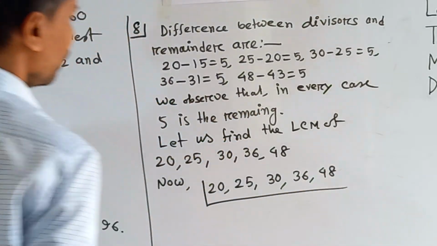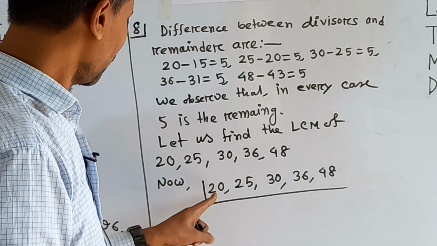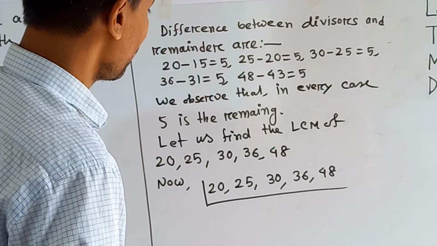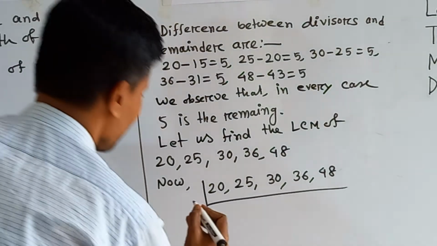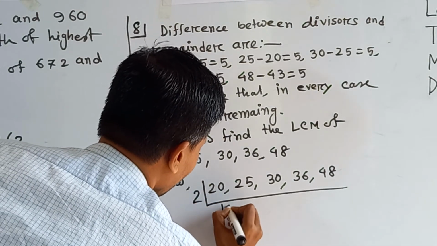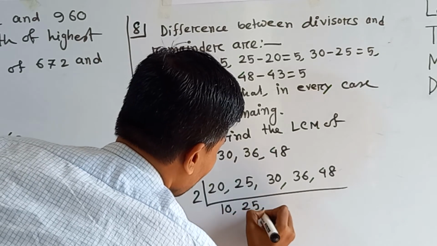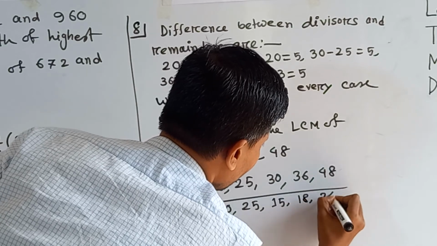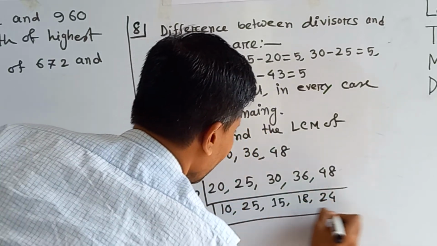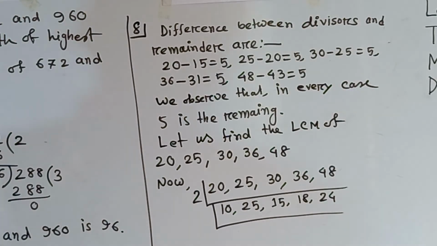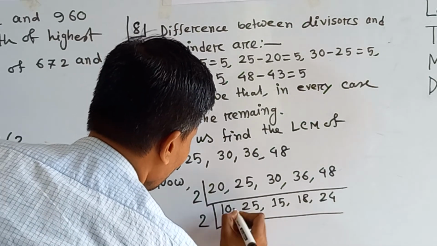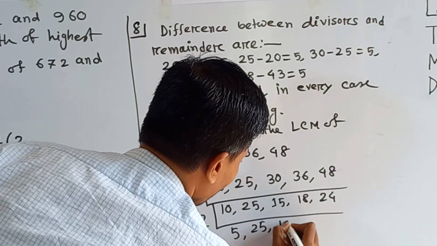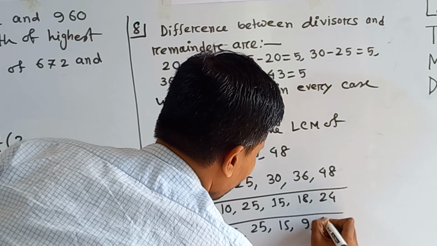At first we select 2. These 4 numbers are divisible by 2. Then you get 10, 25, 15, 18, 24. Then again select 2. Then you get 5, 25 remaining same, 15, 9, then 12.